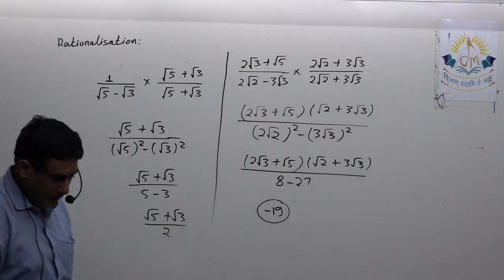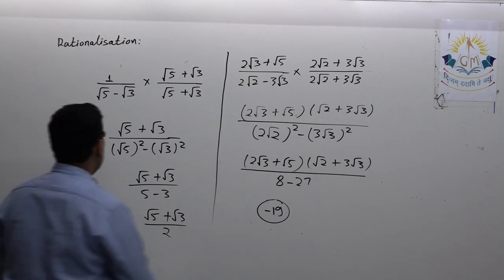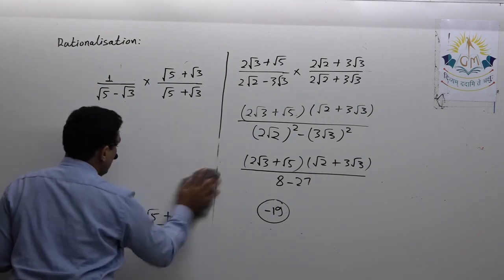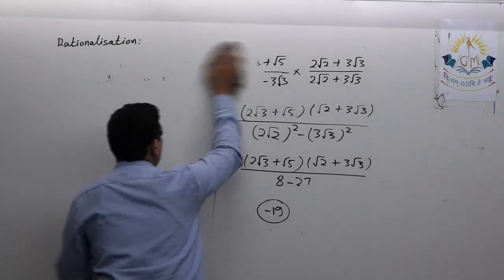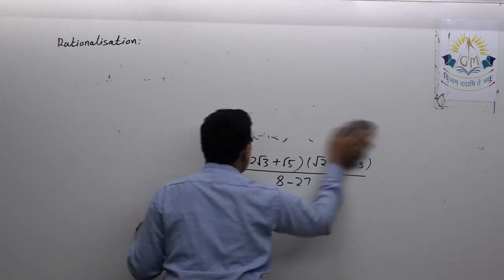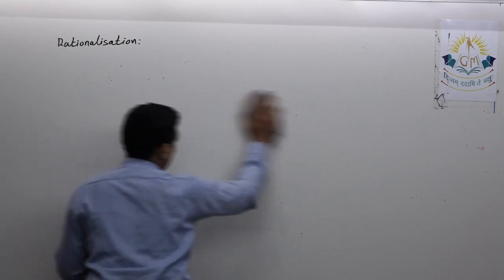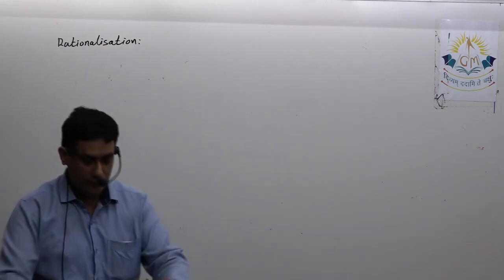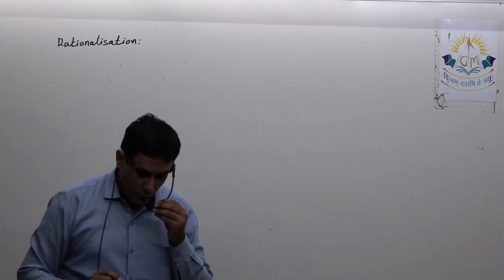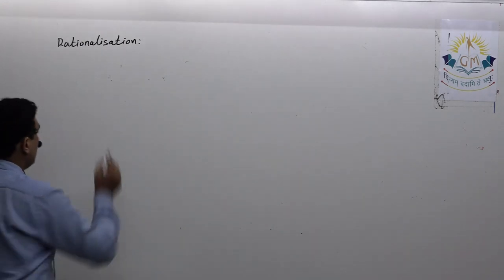Next question. Now the next type of question is where an expression is given and it is equal to another expression that contains some variables, and they ask to find the value of the unknowns.